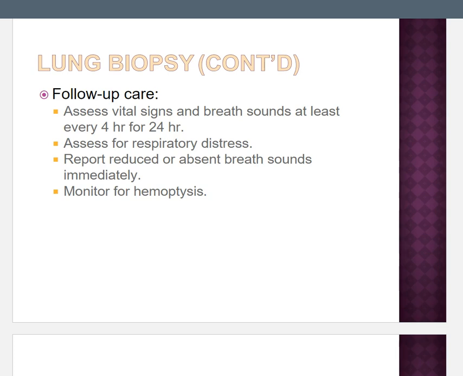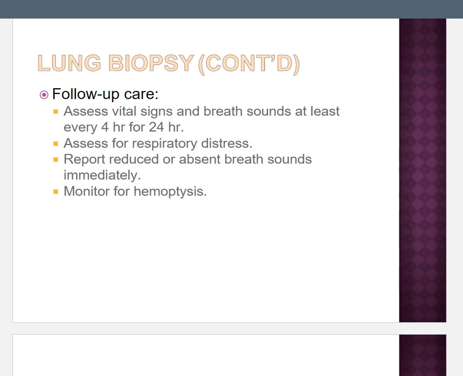Did he or she give my patient a pneumothorax? That's why listening to vital signs matters. They say every 4 hours, but obviously it's every 15 minutes for the first hour, and even that I would do even more frequently. After the first hour, I would do it again in an hour, and then maybe 2 hours, and then 4, but I wouldn't go right to 4 because anything could change in that window of 4 hours very quickly.